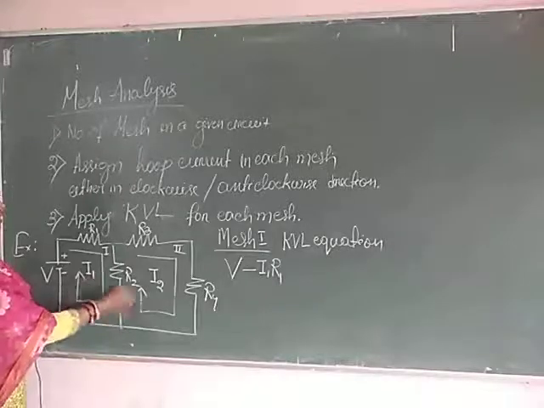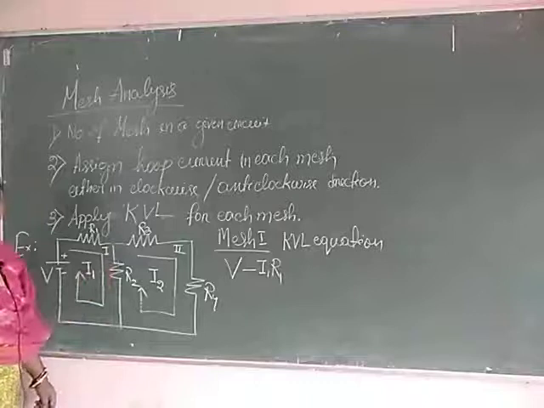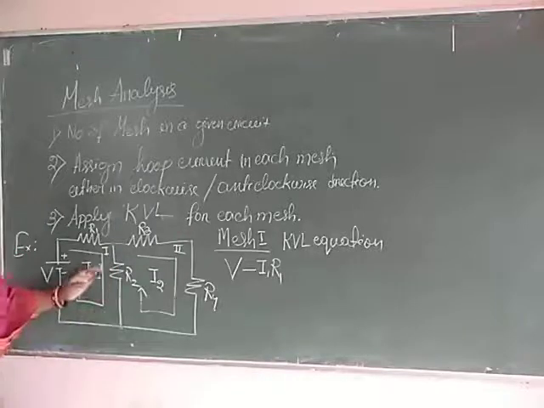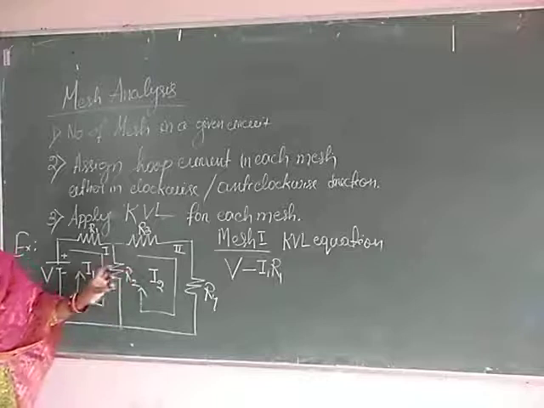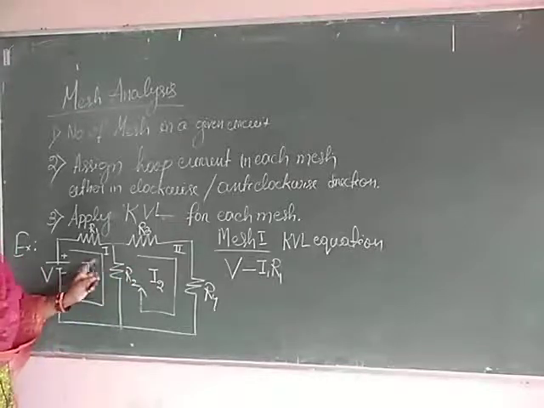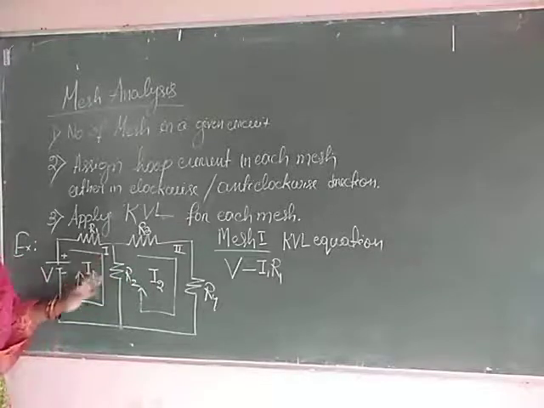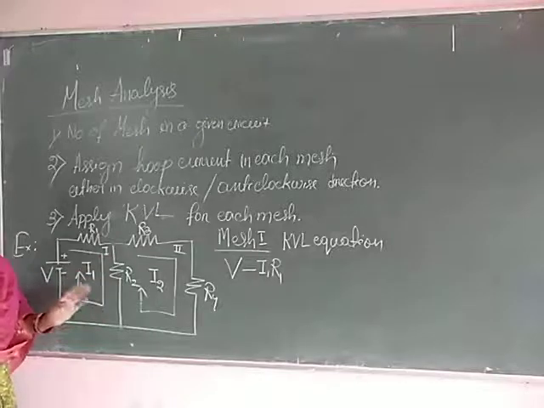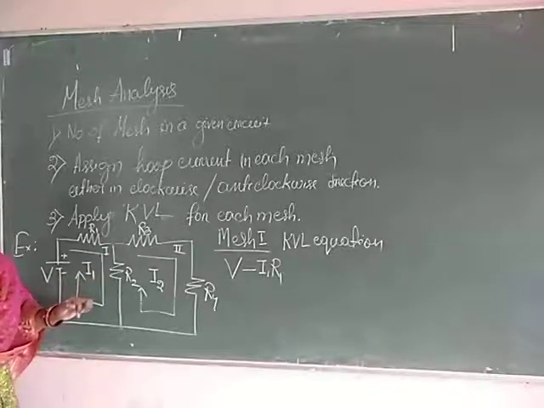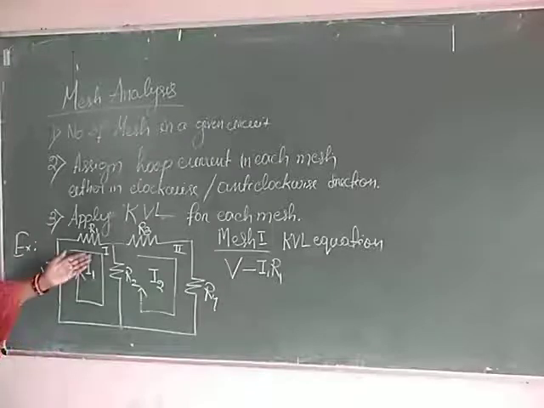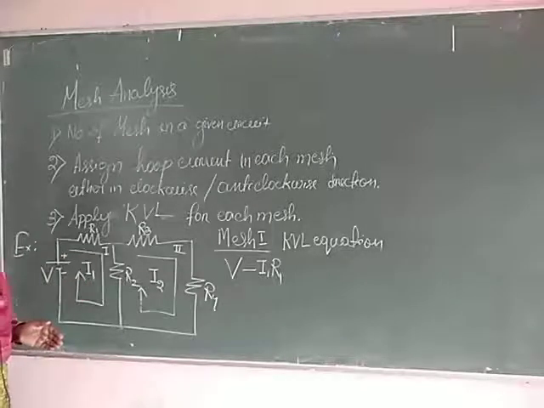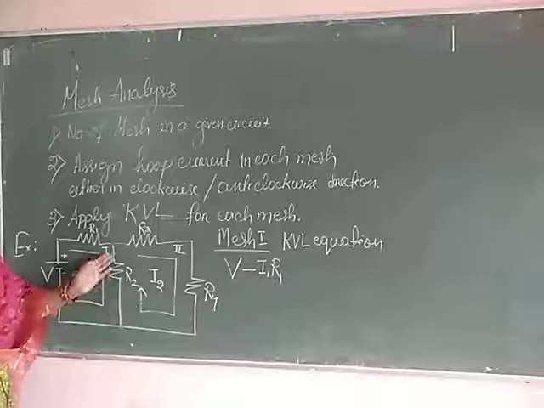So both loop currents flow through R2. So you take the resultant of these two currents. If these two currents are in the same direction, then the resultant current through R2 is additive, otherwise it is subtractive. So check how these two currents flow through R2.